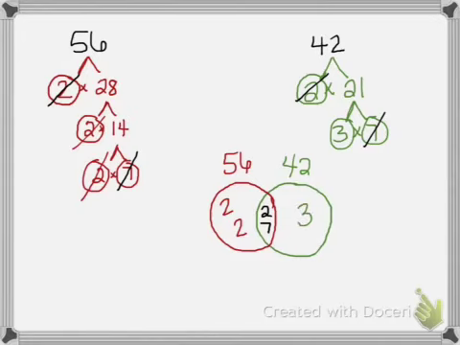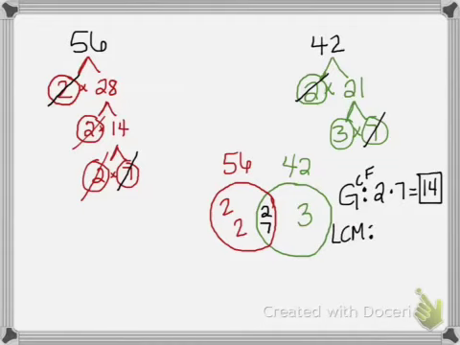Now we're going to find the GCF and the LCM. Remember, the GCF is what is in the middle. So we multiply 2 times 7, which means our GCF is 14. And for our LCM, we're going to multiply everything inside of our Venn diagram.